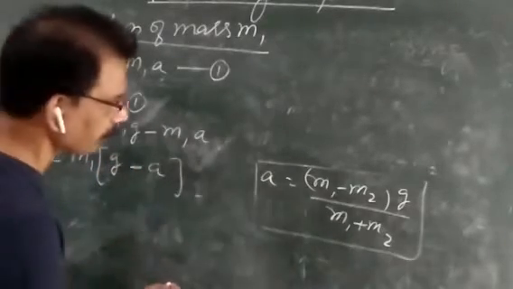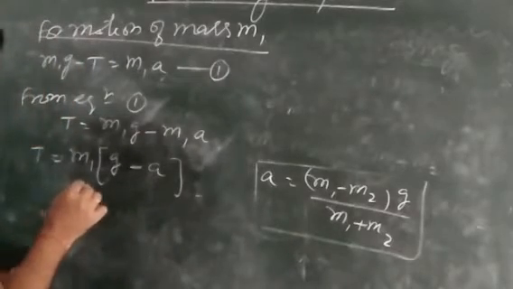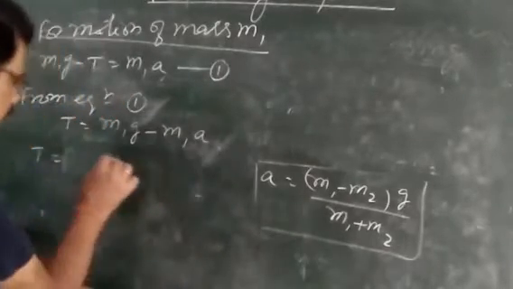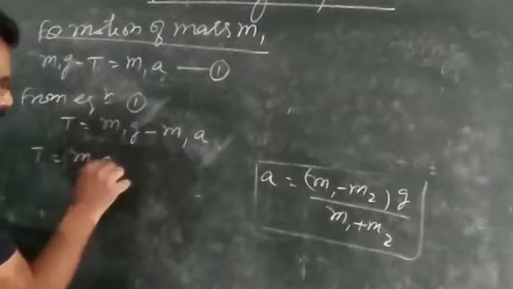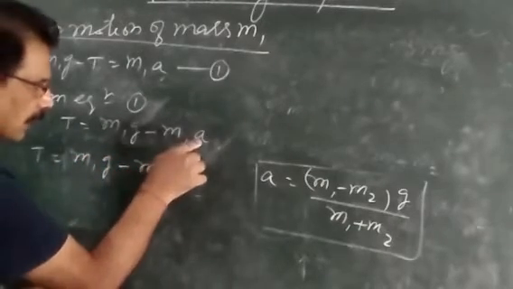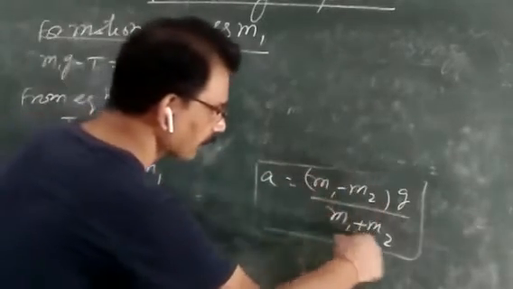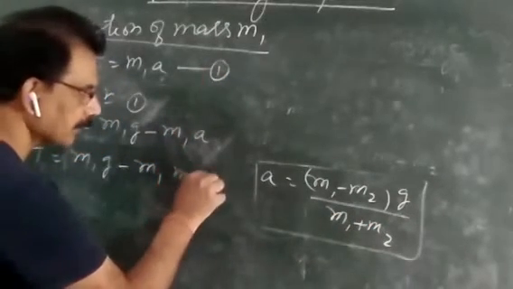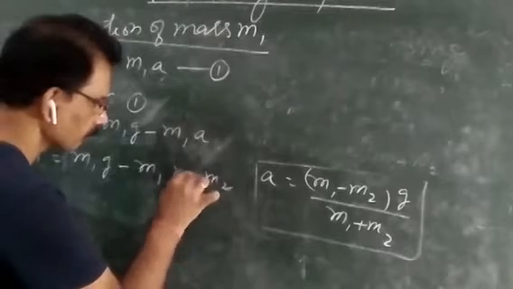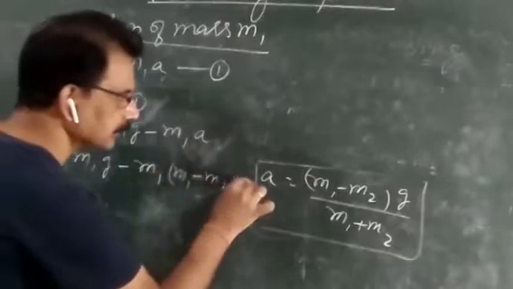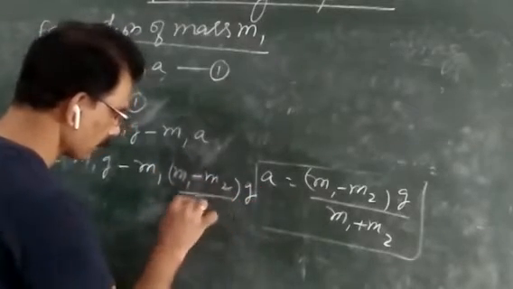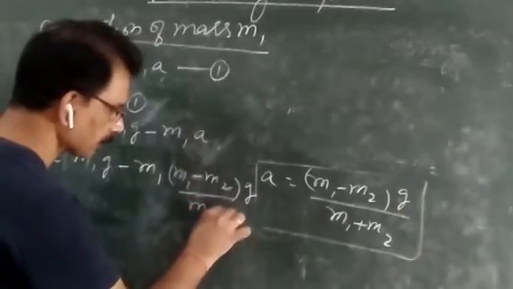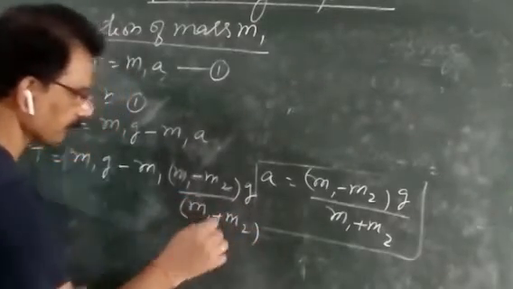Or simply you can say, sorry, here m1g minus m1a, at place of a write this one: m1 minus m2 into g upon m1 plus m2.